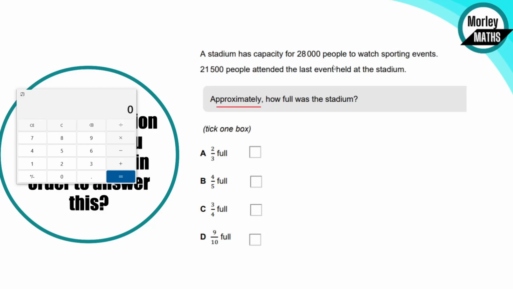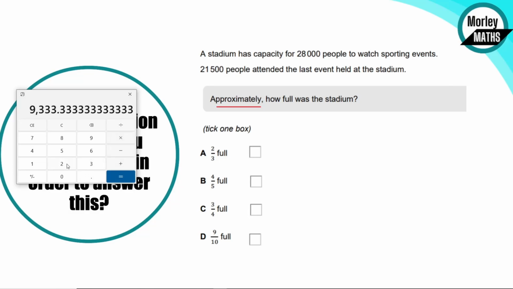Okay, so we're looking at 28,000 people and we've got all these different fractions. What you could do is work out the value of all of those. So if we look at 28,000, I'm going to divide it by 3 and then times it by 2 to get the first one.